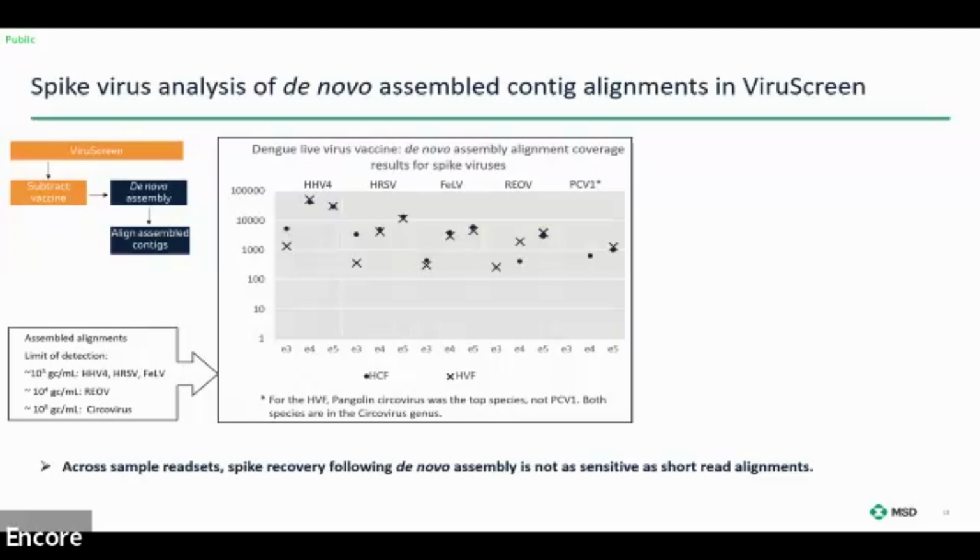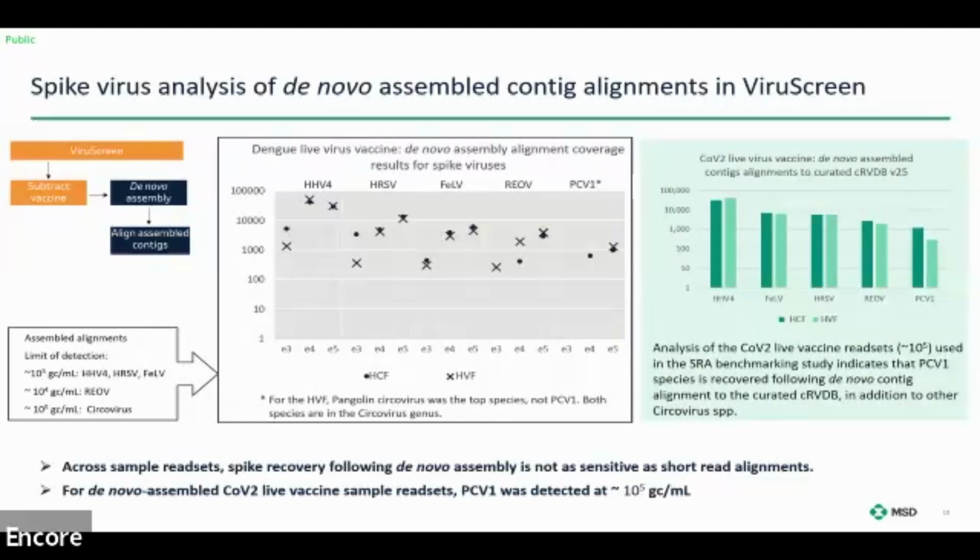I wanted to follow that up and see if those other reads from the COVID-2 vaccine we had examined would also hit in de novo, and we were actually able to recover PCV1 there. So it seems that it's got to do with the curation of the database and also probably some sample or read set specific properties. But we were able to detect this, so we were very happy.